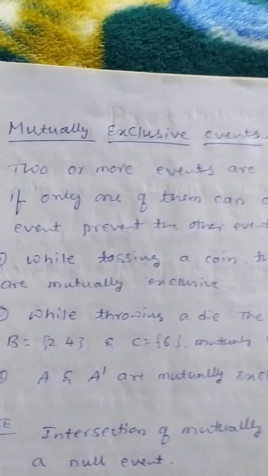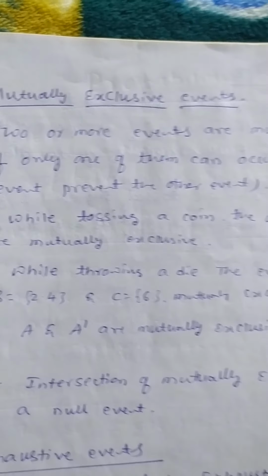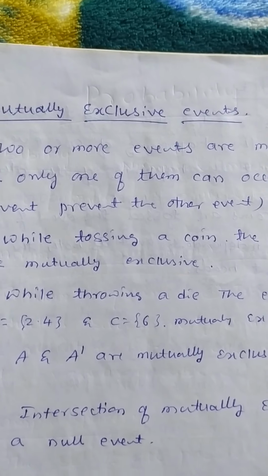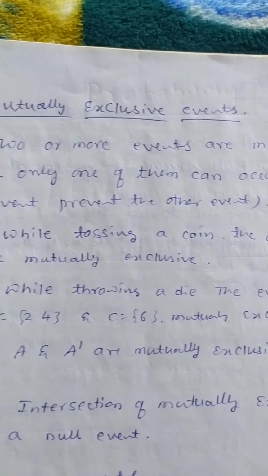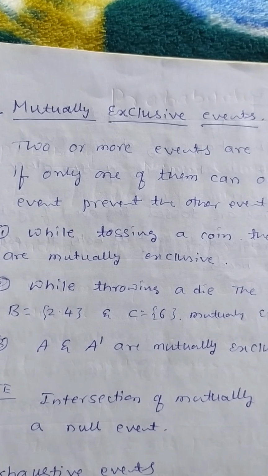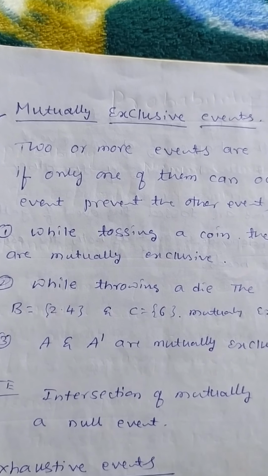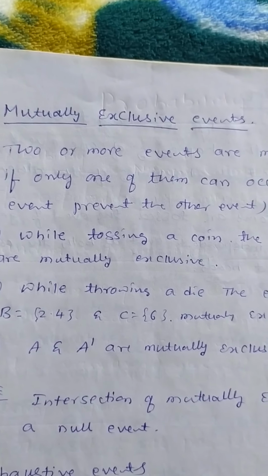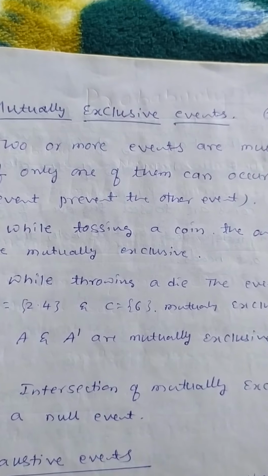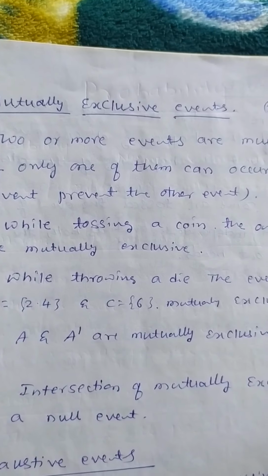Next, mutually exclusive events or disjoint events. Two or more events are said to be mutually exclusive if only one of them can occur at a time.